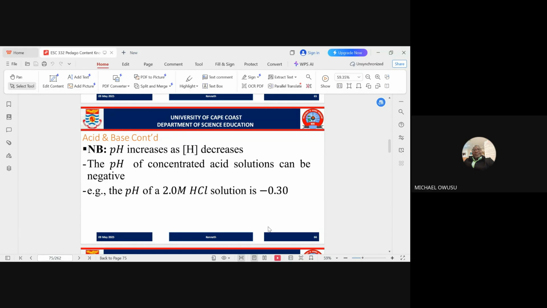Given that the molarity of a nitric acid is 0.4 molar, calculate the pH of the hydrogen ion.